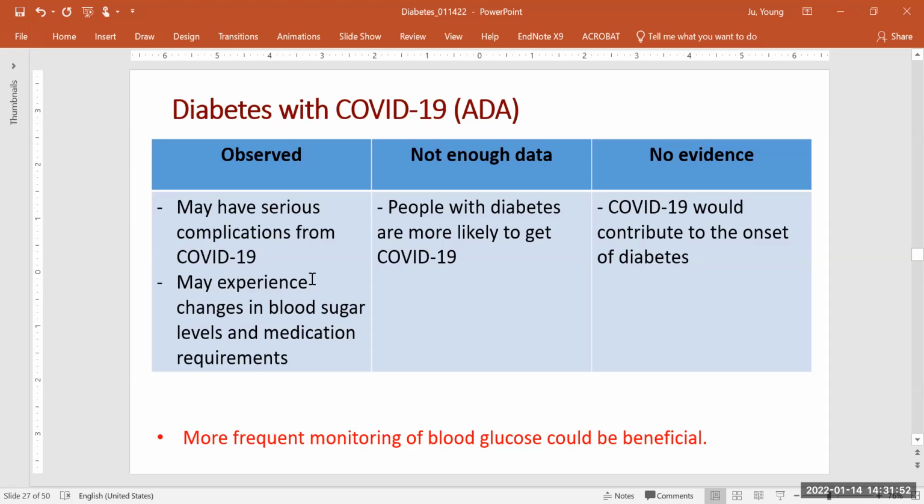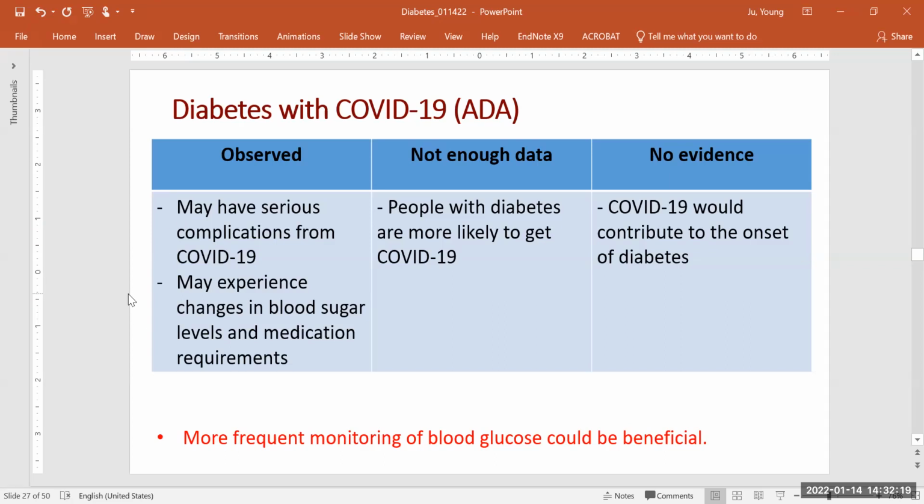These hormones work against the action of insulin, resulting in increased blood sugar level. Currently, it's been reported that people of any age with any type of diabetes, like type 1, type 2, and gestational diabetes, are at increased risk of a severe illness from COVID-19.